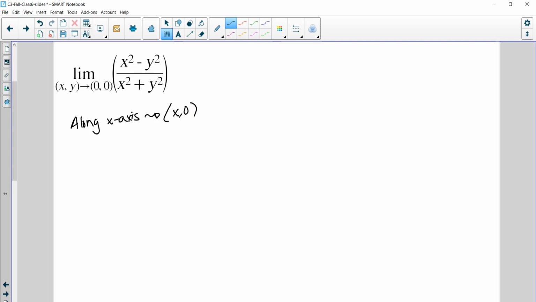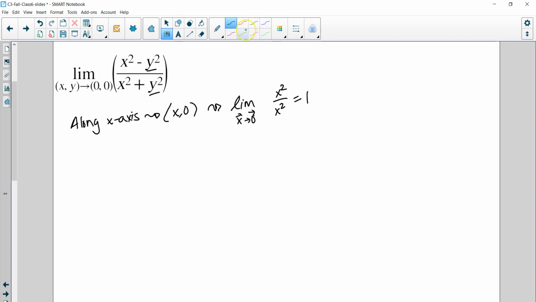Then here I get the limit, and I'm just going to use vector x approaches the 0 vector, and so nothing has changed there, but now my function is actually just x squared over x squared, right? Because the y's are 0, and well, that's just 1.